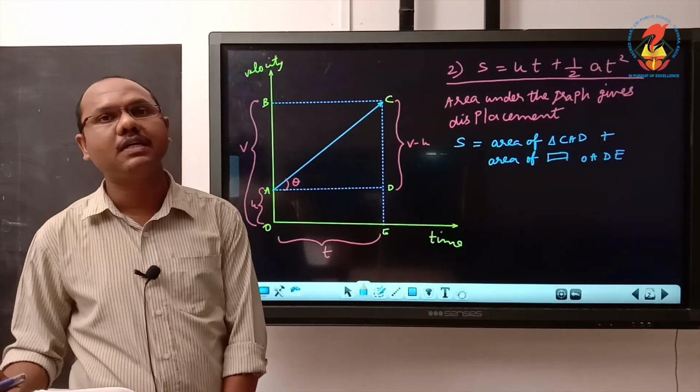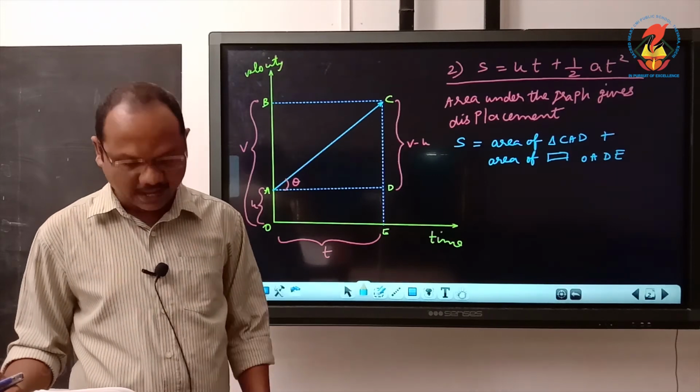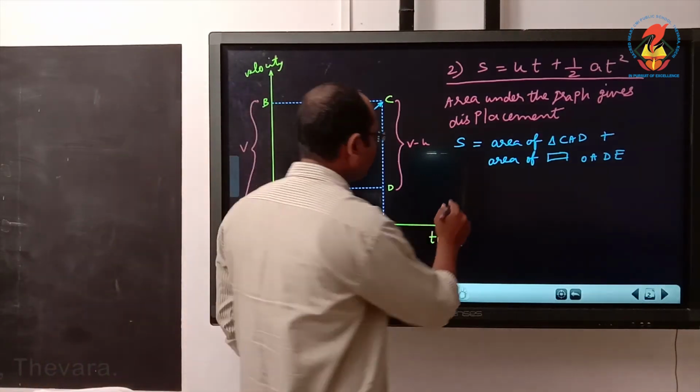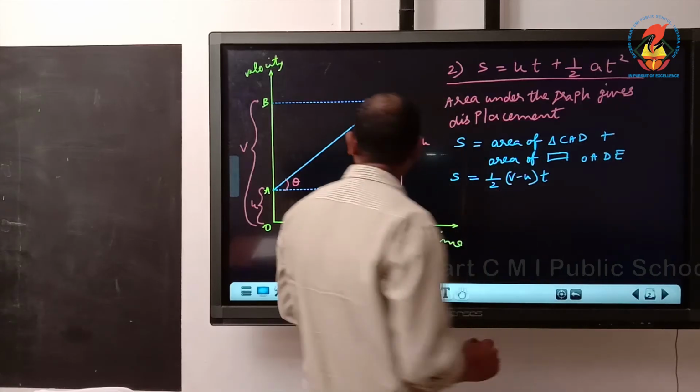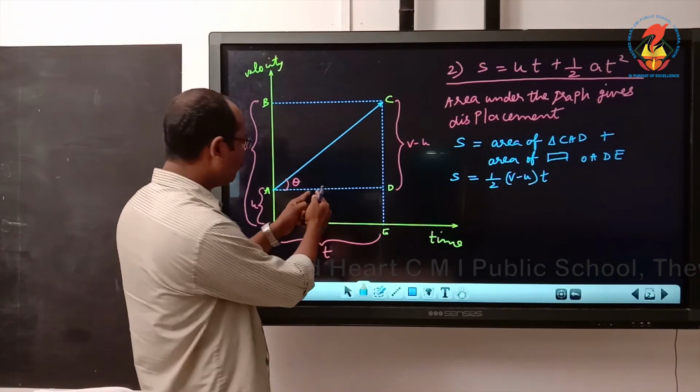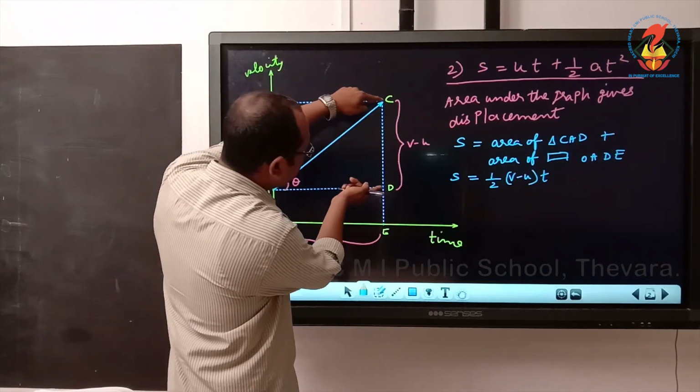Now let us use the usual formulas for area of triangle and area of rectangle. So S is equal to area of triangle, which is half BH, where B means AD and H is this.